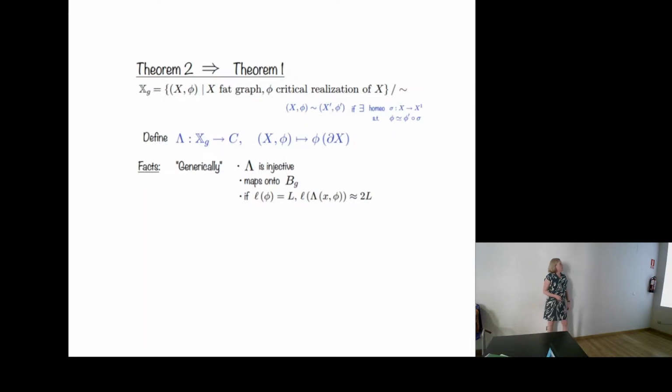So putting this together, what I'm saying is that this map, I can actually view it as a map from here to here. So these are these things, but where the realization has length L over 2, and it maps into, or did I switch the L and L over 2? Which way should it go?